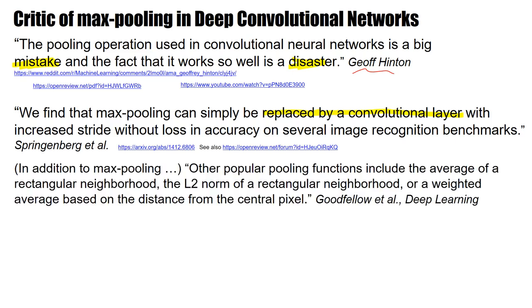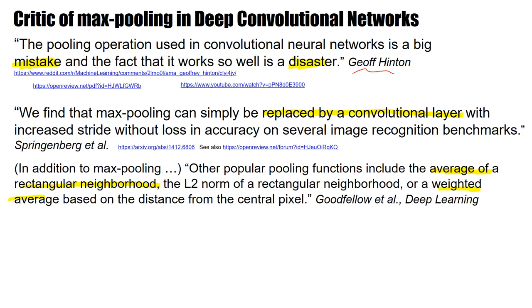And here's a citation of the deep learning book of Goodfellow et al. There are other popular pooling functions, such as averaging over a rectangular neighborhood, or even a weighted average would also work, essentially. Lots of people use it and also get good results.